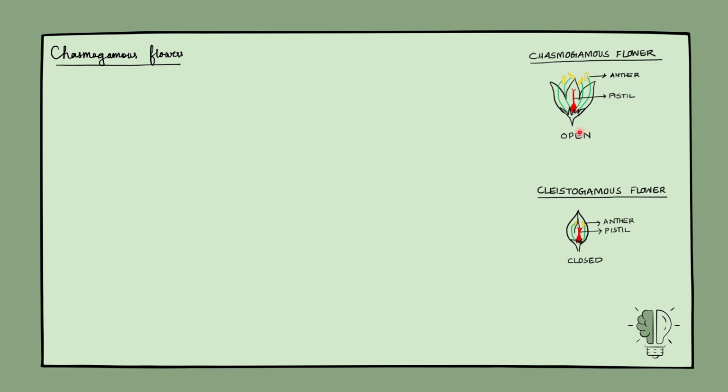That means the flower is with exposed anther and stigma, right? Now because it has exposed anther and stigma, it can undergo both self-pollination and cross-pollination. So chasmogamous flower is an open flower with well-exposed anther and stigma, and it can undergo both self-pollination and cross-pollination, right?